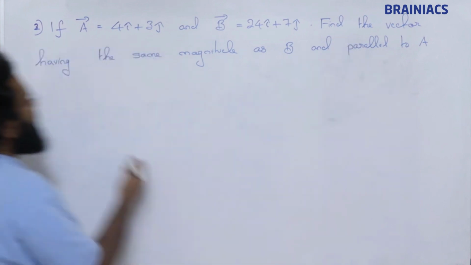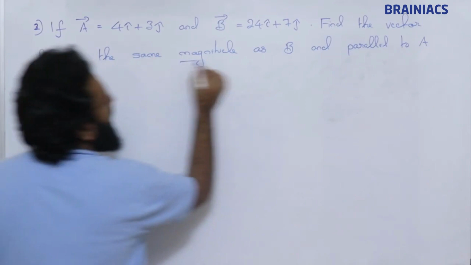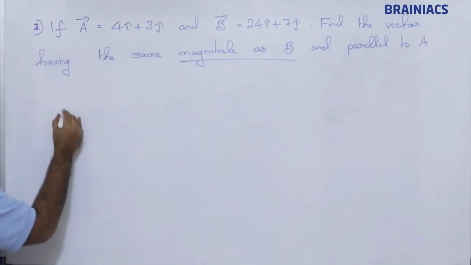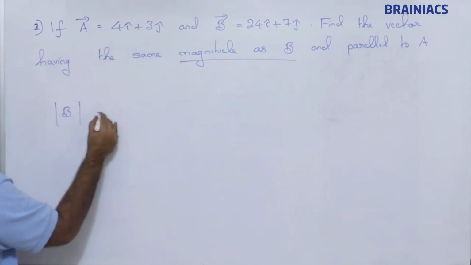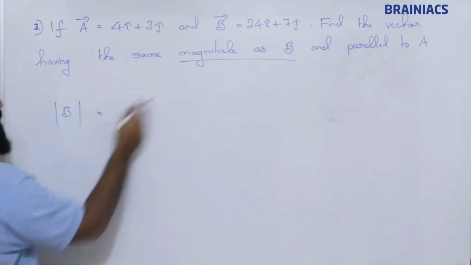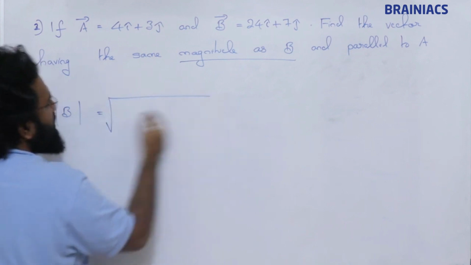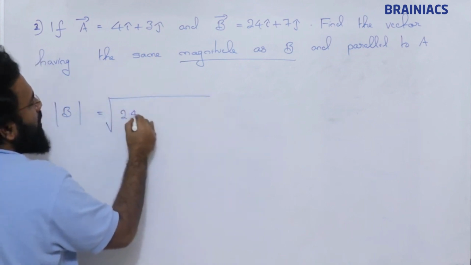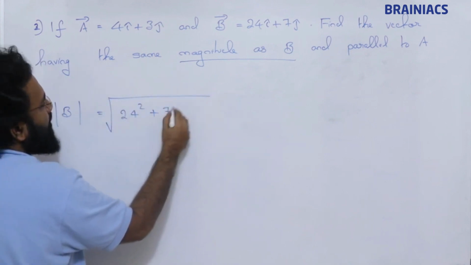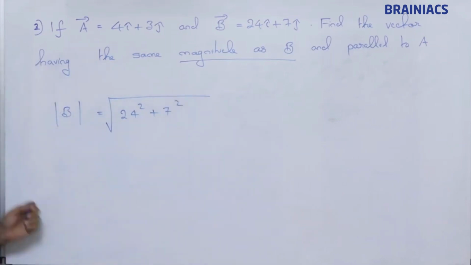So just see, first we will find the magnitude of B. What is B? 24i plus 7j. So the magnitude is going to be root of 24 square plus 7 square.